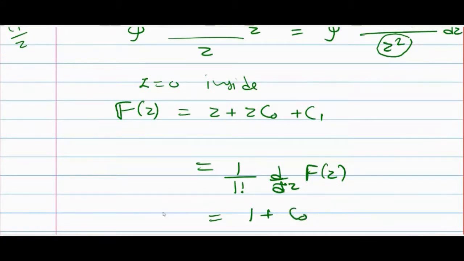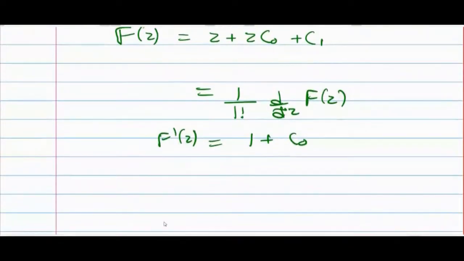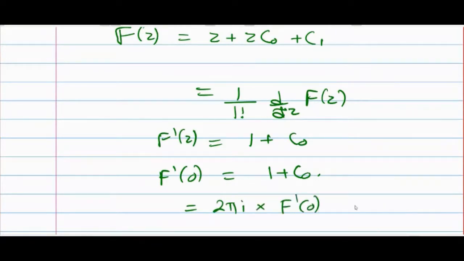So this is my f dash z. I will calculate this at z equal to 0. Since z is not there, it becomes 1 plus c naught. Then the integration answer is 2 pi i into f dash 0, that means 2 pi i (1 plus c naught) is the answer.